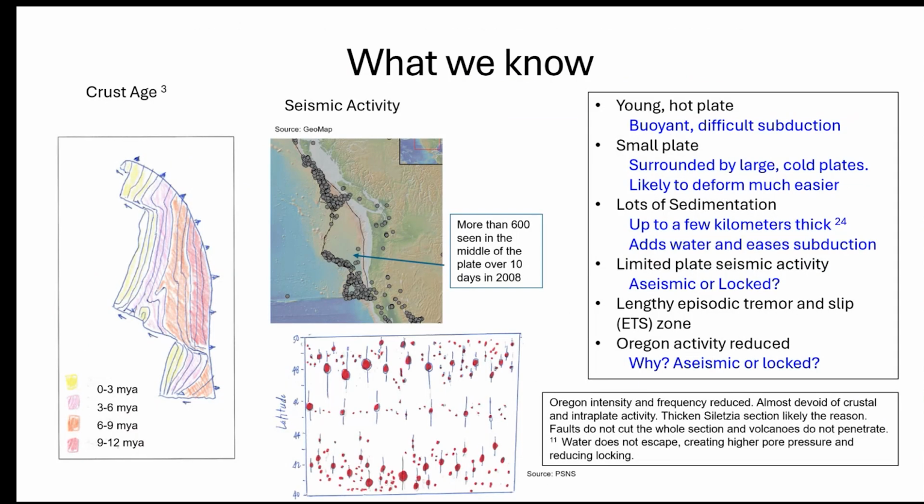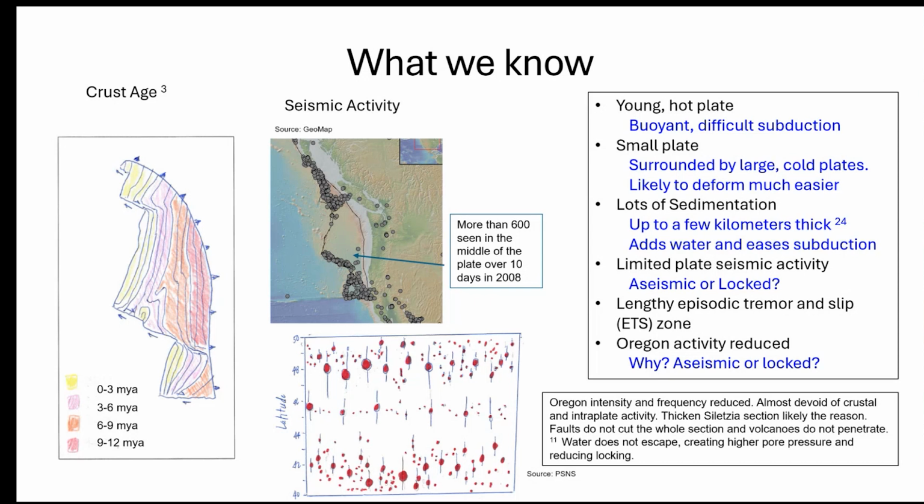What do we know? As I said, this is a young plate out there. It's all less than 15 million years in age, so it's obviously very hot and buoyant, and it's a difficult subduction. The interesting thing, if you look at the seismic activity, is it's really split into three plates. There's the Explorer plate to the north, the Gorda plate to the south, and then the Juan de Fuca plate.